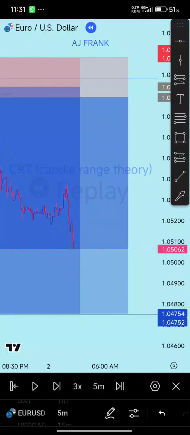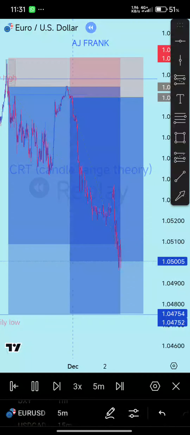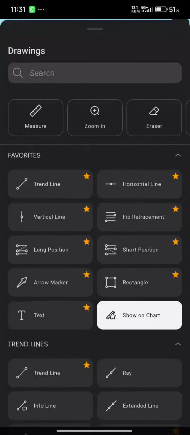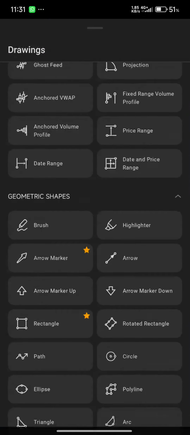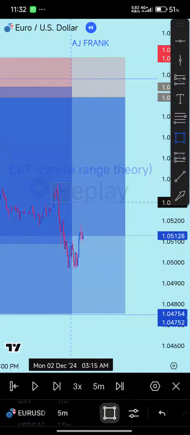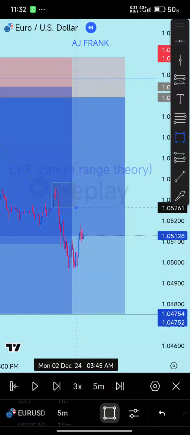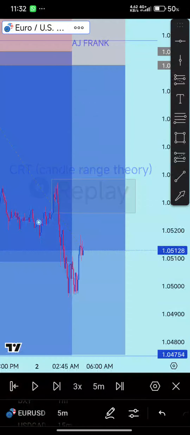Okay, price is coming down. I think it's a good entry. So that's another 5 minutes supply right there. You can call it order block, whatever. So I'll be looking to take another entry right here.